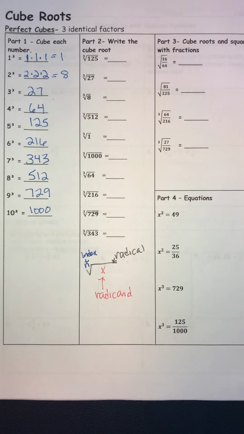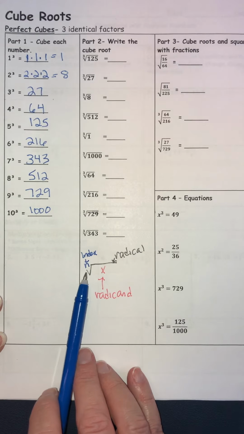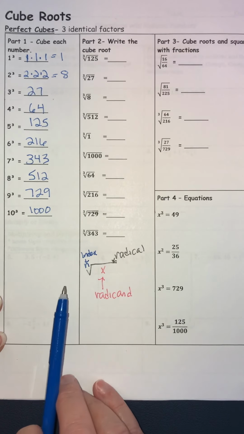Hopefully you got all those answers. Remember, it's just the number times itself 3 times. Okay, the next step is to write the cube root. And if I'm looking down here, remembering my vocabulary that we just did, we have our radical symbol.